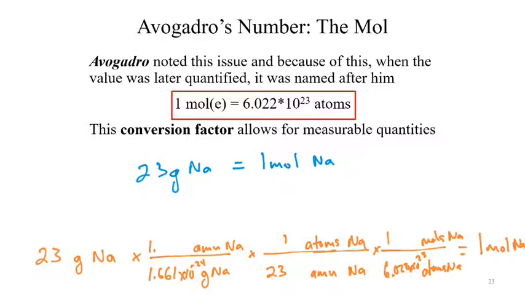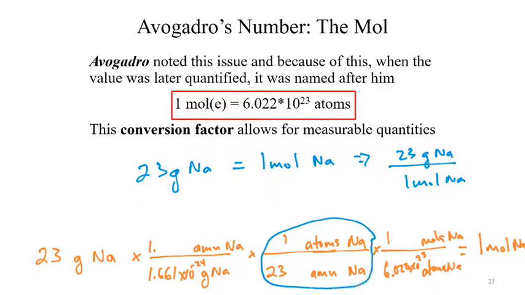That looks like I could do a relationship where I say 23 grams of sodium over 1 mole of sodium. And that looks an awful lot like a conversion factor. That looks an awful lot like the conversion factor that came from the periodic table when we were looking at AMUs. That's interesting. It is.